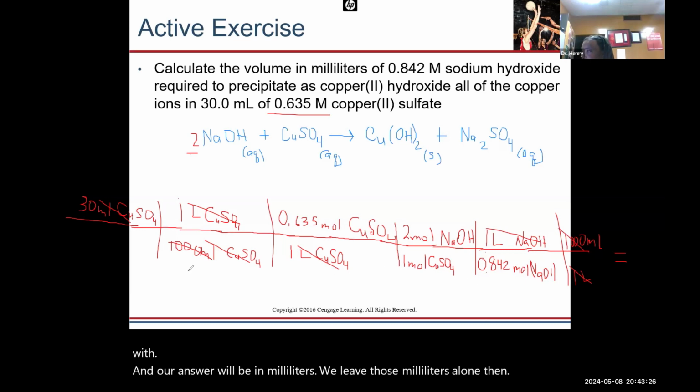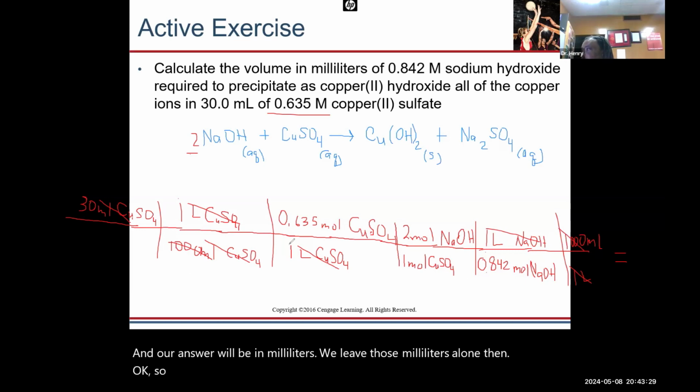Okay. So I guess for my 1,000. So then I have 30 times 0.635 divided by 0.842.